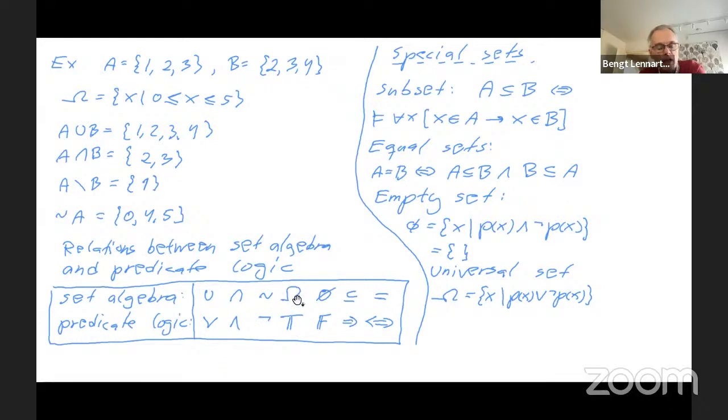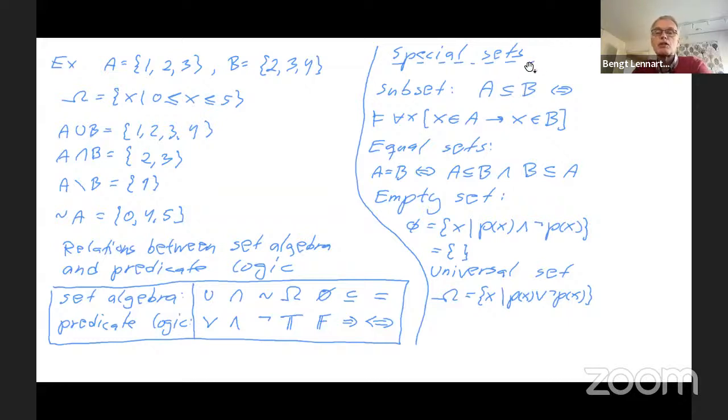And the whole set corresponds to true in predicate logic. The empty set corresponds to false. While the subset operator, which I haven't defined, but I guess you are familiar with that, of course, corresponds to the implication, and equal corresponds to equivalence.